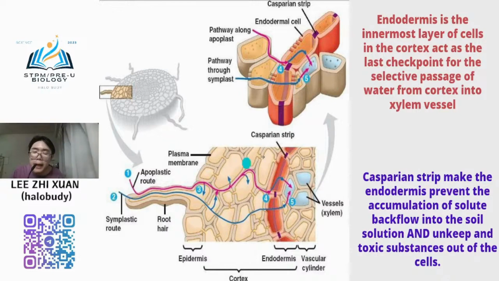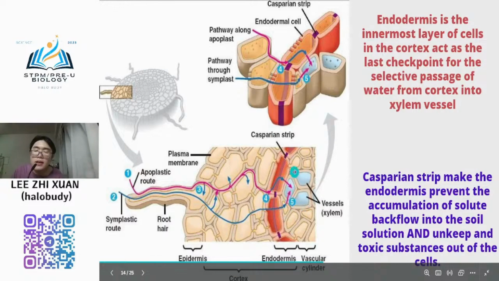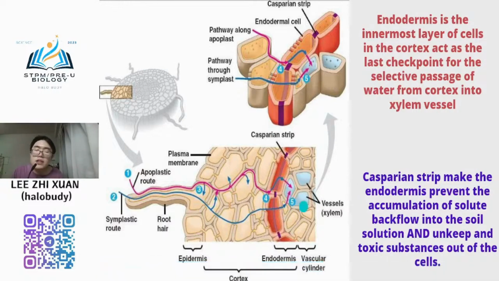We don't want this to happen, so we need the presence of the Casparian strip, so that the solute particles in the vascular tissue, inside the xylem vessel beyond the cortex tissue, will not diffuse out from the cell.